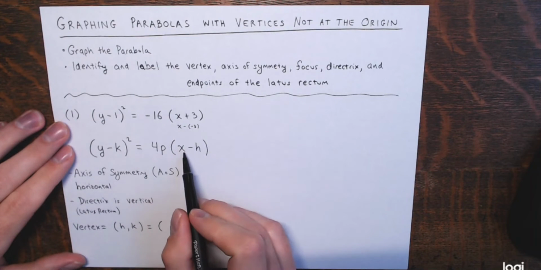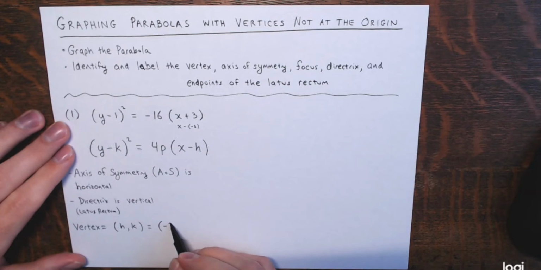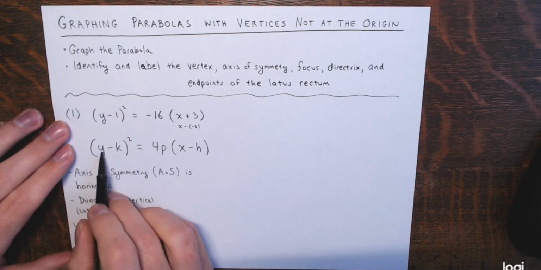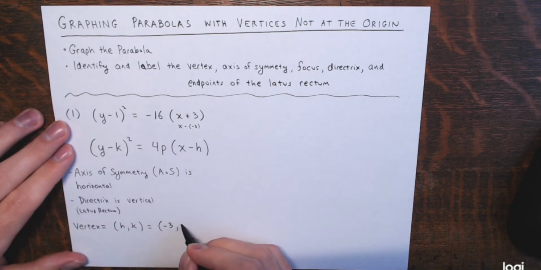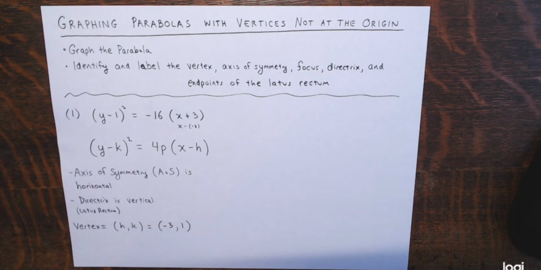We want x minus h. So the value of h, the x coordinate of the vertex, is negative 3. And the value of k is the number being subtracted from the y when it's in standard form, y minus k, and that's y minus 1.